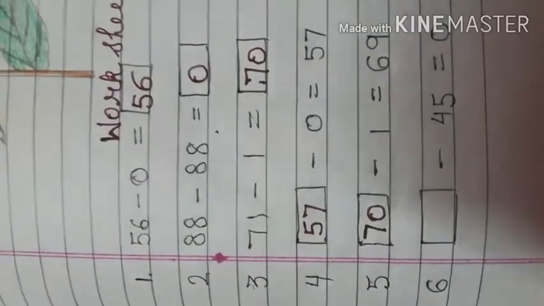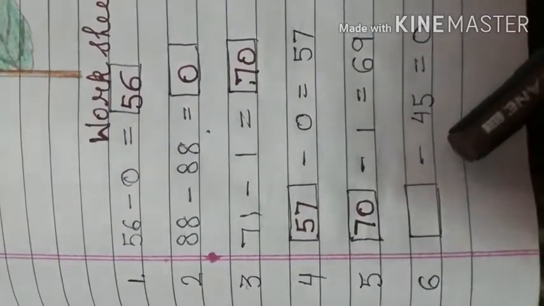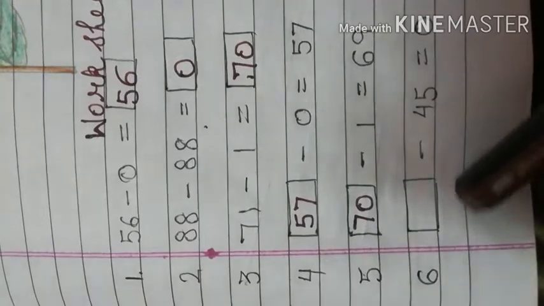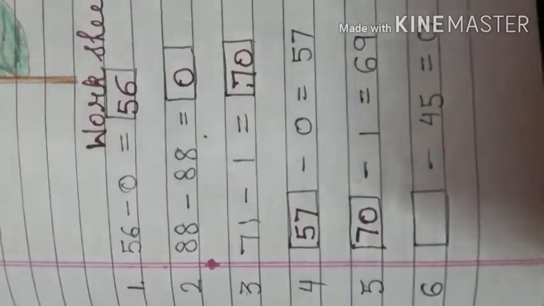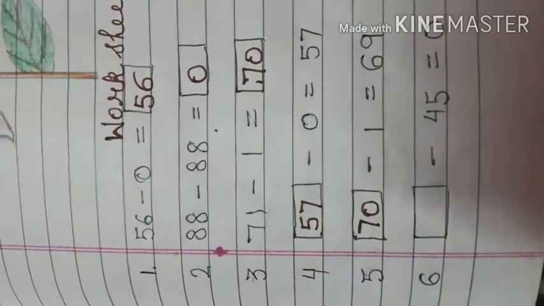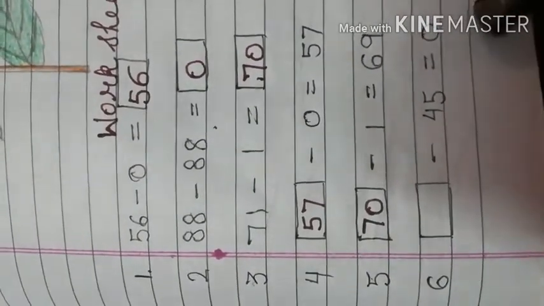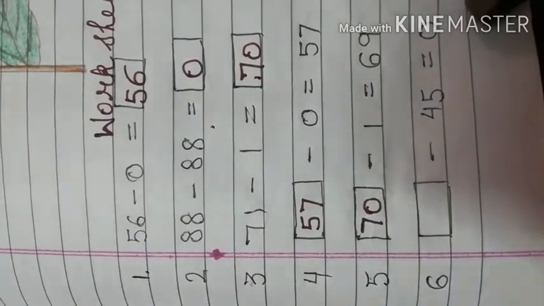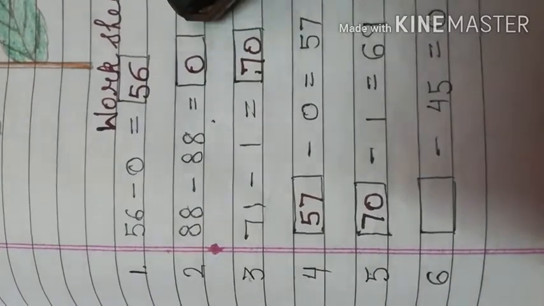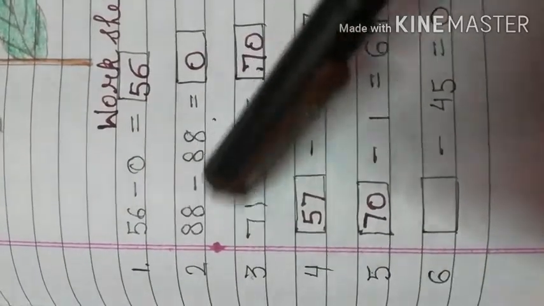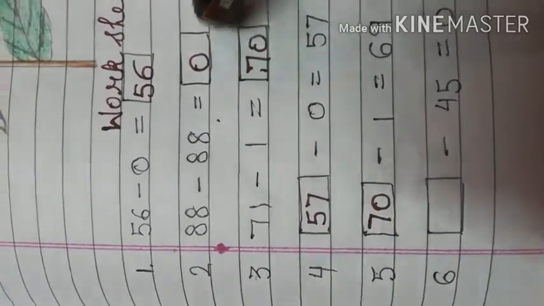Right. Now in the next part where we have this box, you have to calculate the number that is to be written here, and you are subtracting 45 from that number, and after subtracting 45 you have the same answer, and that is 0. Means in question number 2 you can see when you have subtracted the same number then your answer was 0.